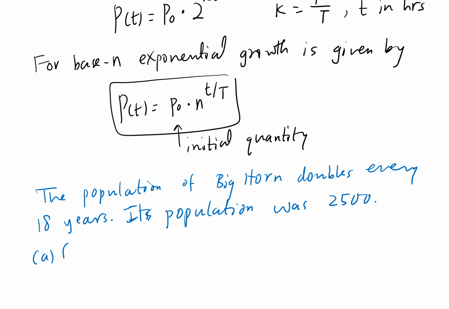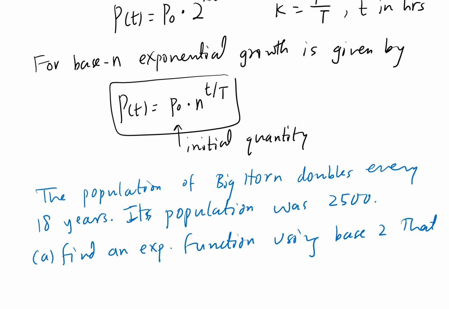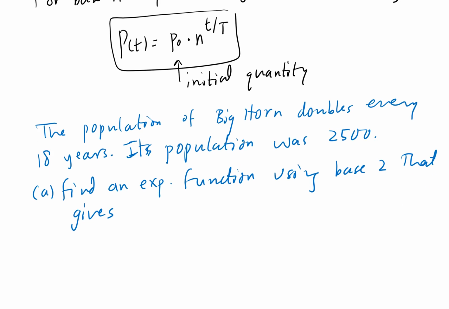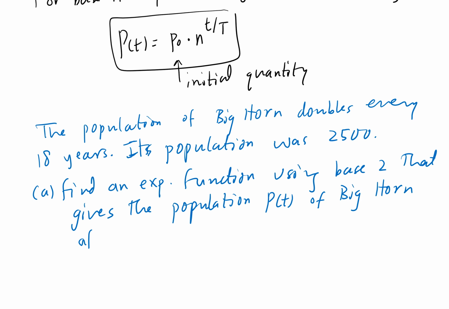Part A, find an exponential function using base 2 that gives the population P of t of bighorn after t years.